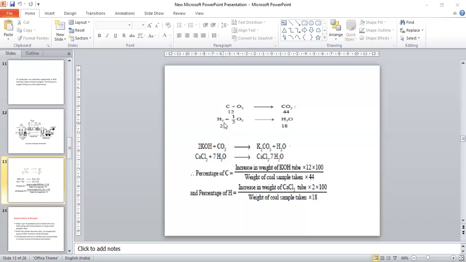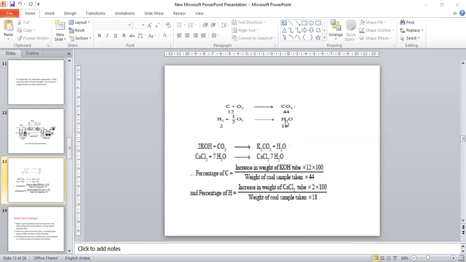When this hydrogen reacts with oxygen, it is converted to water. Here the molecular weight of carbon is 12, oxygen is 32, carbon dioxide is 44, and hydrogen is 2. Here we are taking half of the oxygen, so this one is 16.